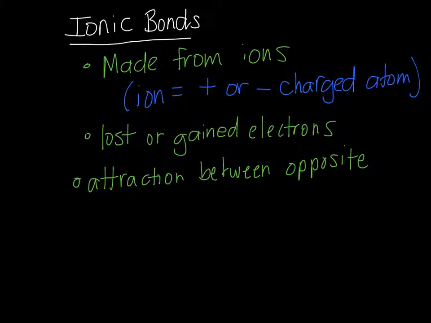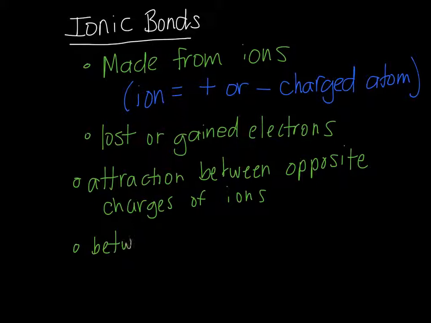There's an attraction between opposite charges of ions. Just like with a magnet, the positive side of the magnet will attract the negative side of another magnet. So the attraction between a positive and a negatively charged ion is the force that holds the ionic bond together.